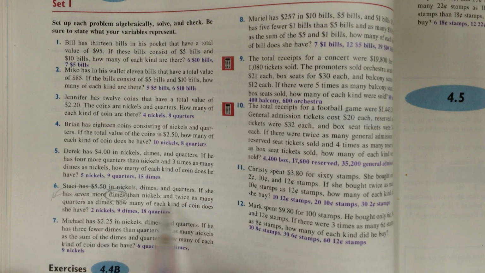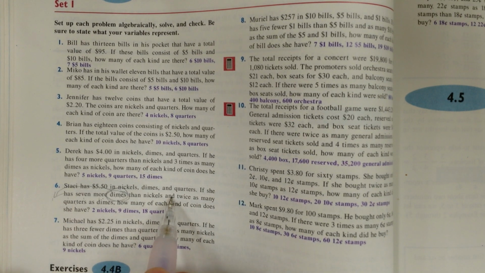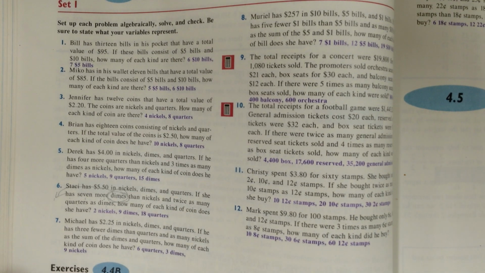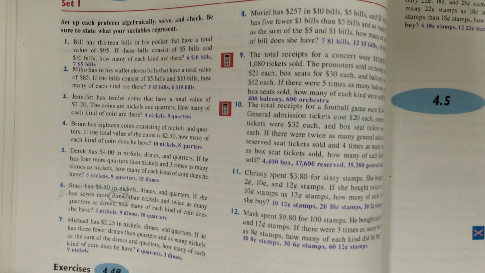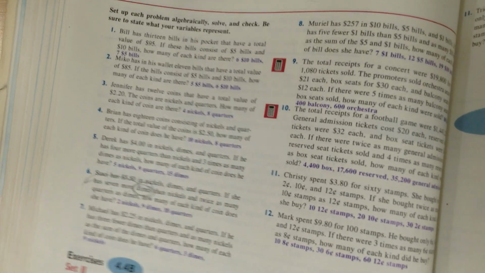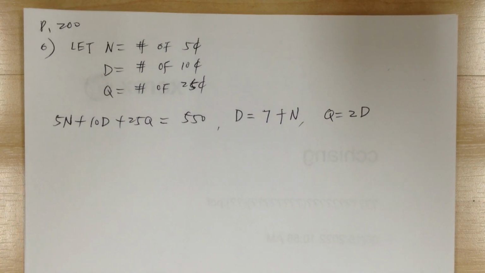Same thing over here: you move the quarters to the front, so quarters is twice as many as dimes. So when you have 2 items, just move the first item to the front, and that's how you translate into an equation. Again, that's a very important technique, so make sure you know how to do that.